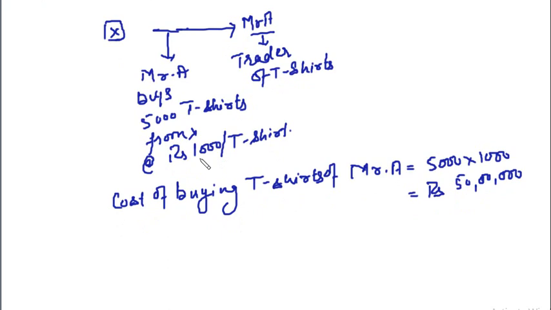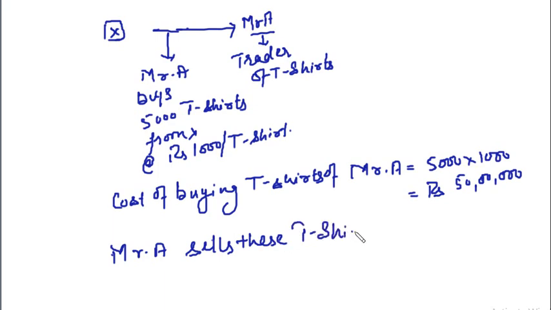He has to earn some profit. He is paying 1,000 rupees to buy those t-shirts, so he will sell them at least at 1200, 1300 or 1500 per t-shirt to gain some profit, isn't it? So Mr. A sells these t-shirts at a rate of rupees 1500.